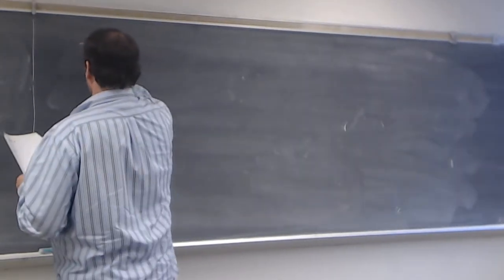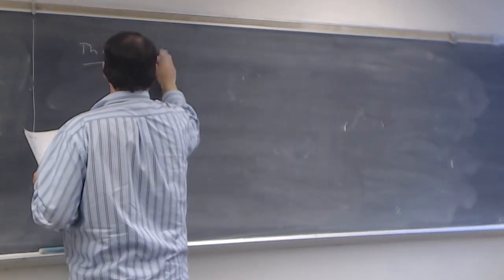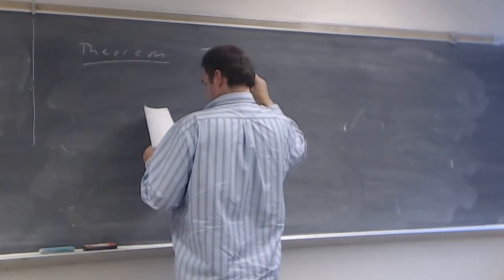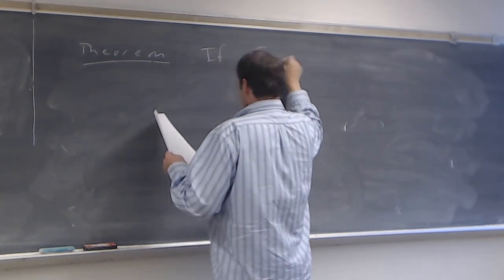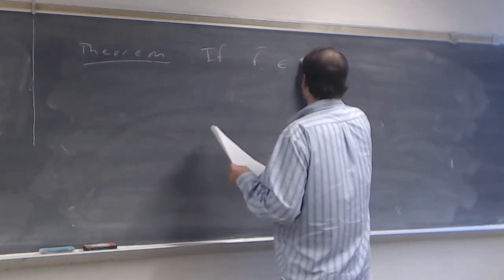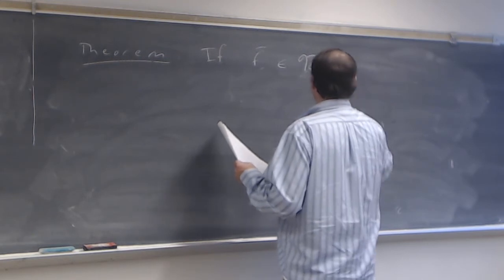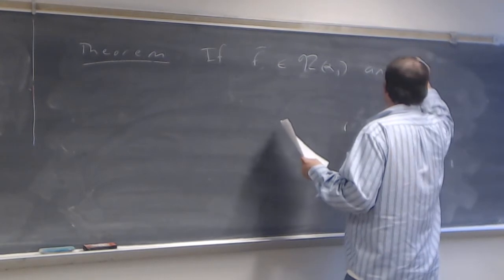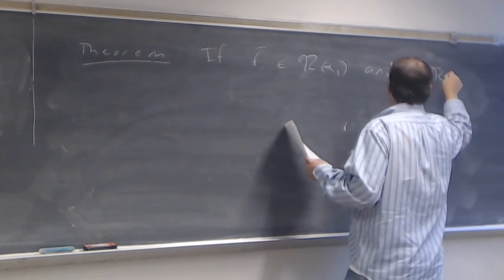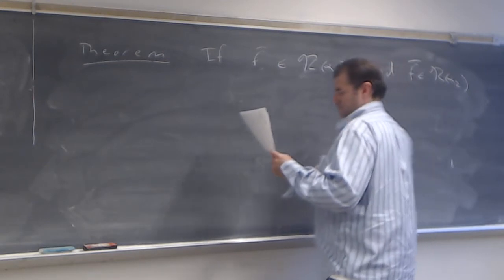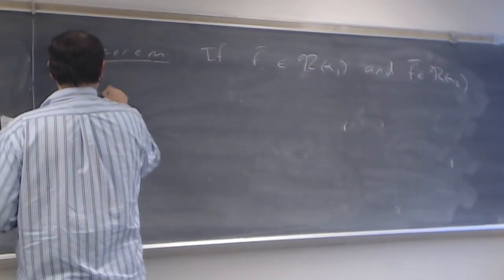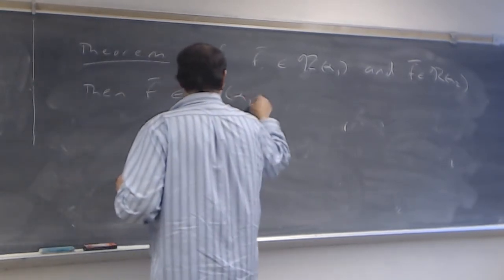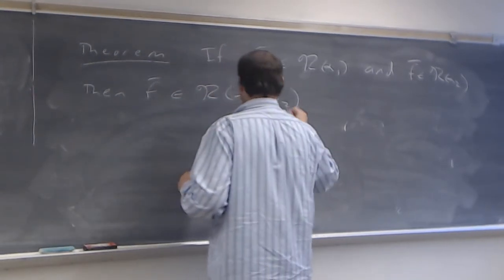Here's another theorem. It says if f bar is Riemann-Stieltjes integrable with respect to alpha sub 1, and f bar is Riemann-Stieltjes integrable with respect to alpha sub 2, then f bar is Riemann-Stieltjes integrable with respect to alpha sub 1 plus alpha sub 2.